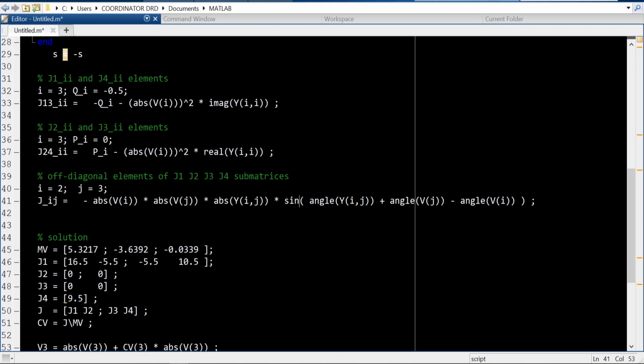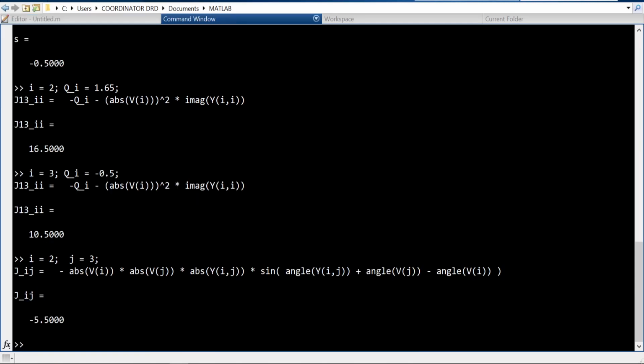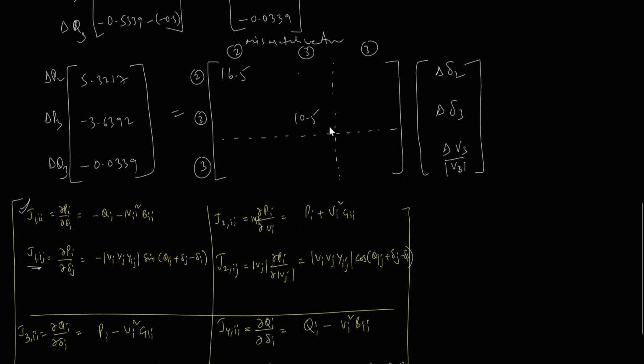If I evaluate this one, I'll get the J1 2 3 element. This is minus 5.5, and the other should also come to minus 5.5. Let us check.